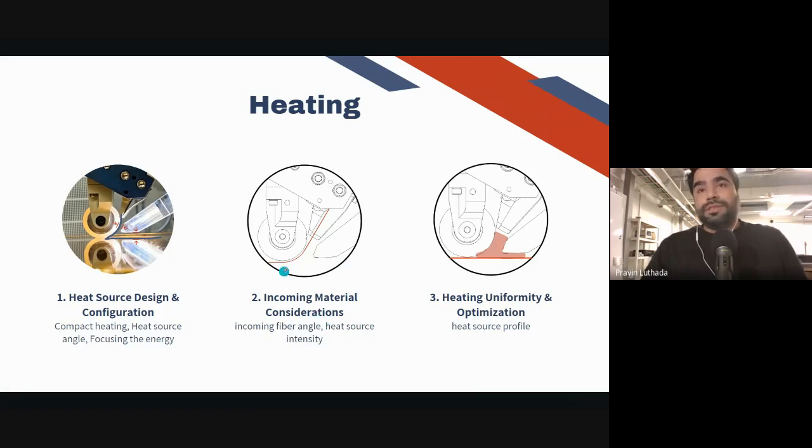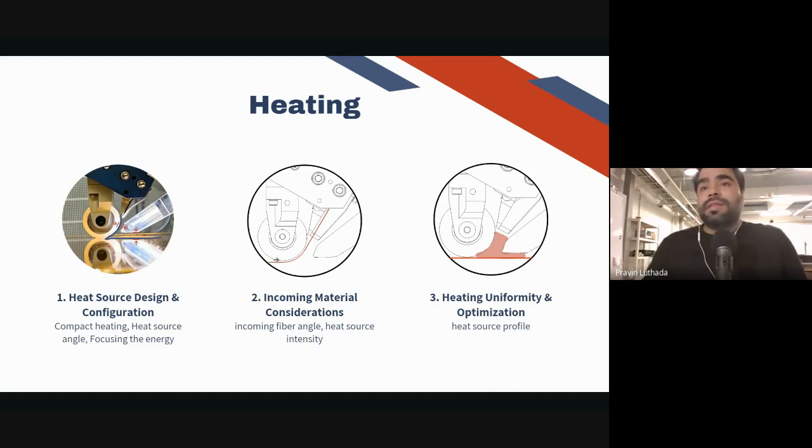By changing this orientation of the tool in a way that it is rotated about the vertical axis, you're able to increase the exposure length, and you have much more exposure available for the tape from the heat source. So this is one of the strategies that is really crucial, and it also allows you to play with the heat source distance from the substrate. So having the incoming tape angle changeable is also really helpful.